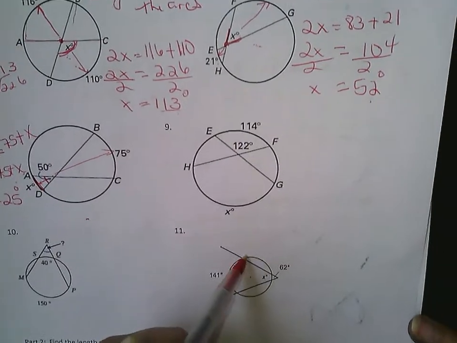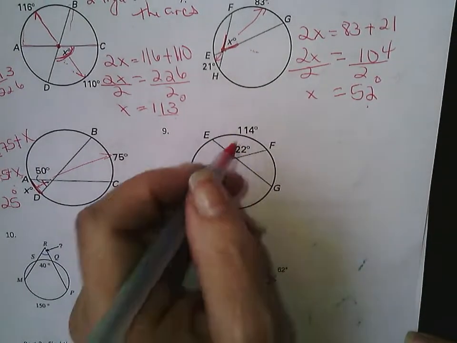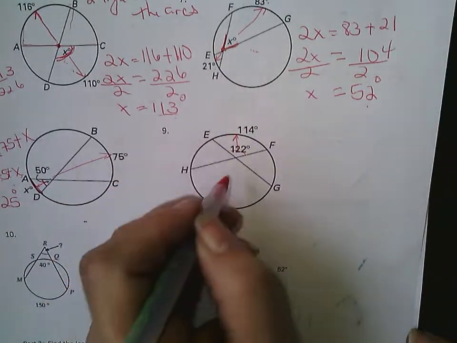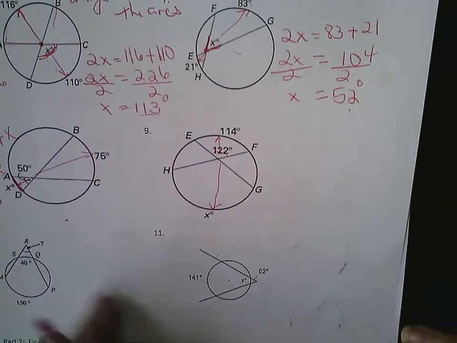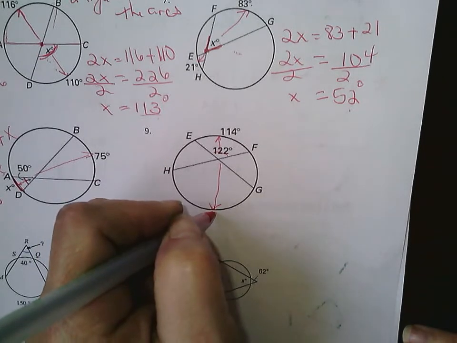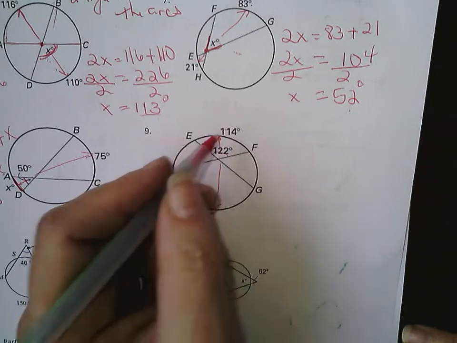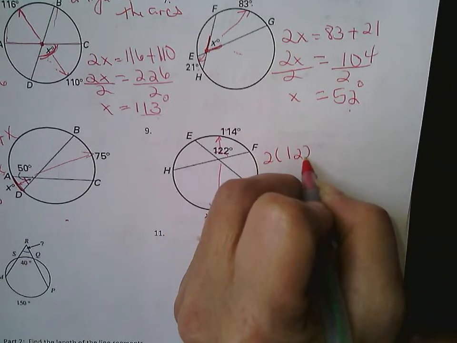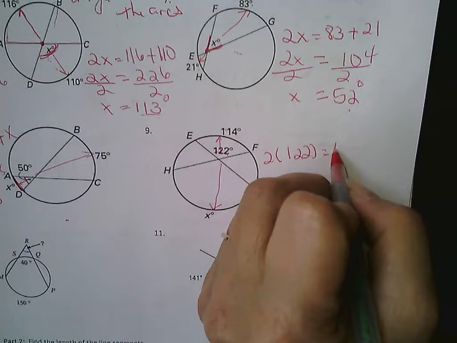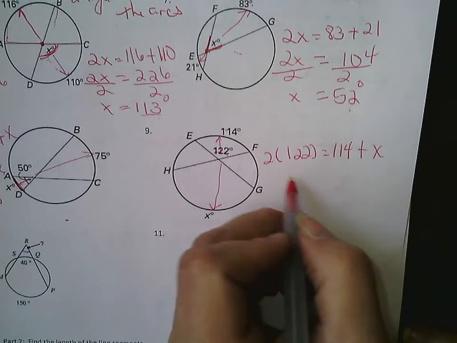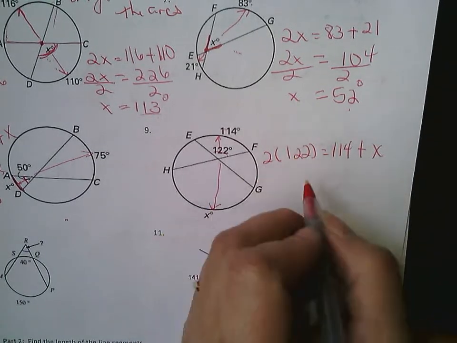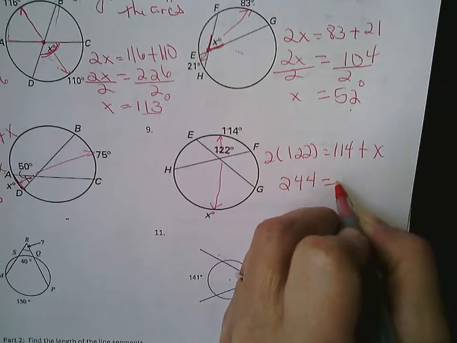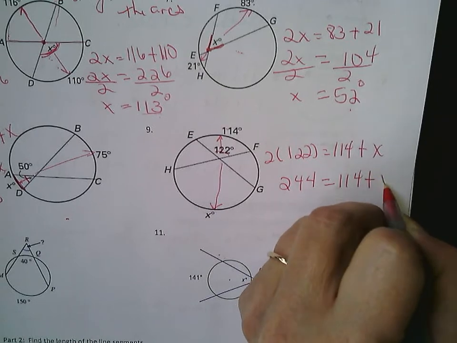We have another example right over here. We're given the angle measurement. It's right here. We're looking at the arc that's in front of it, the one that's in back, or the one that is farthest away and the one that's closest, however you want to do that. 2 times 122 equals 114 plus x. 2 times 122 is 244, equals 114 plus x.